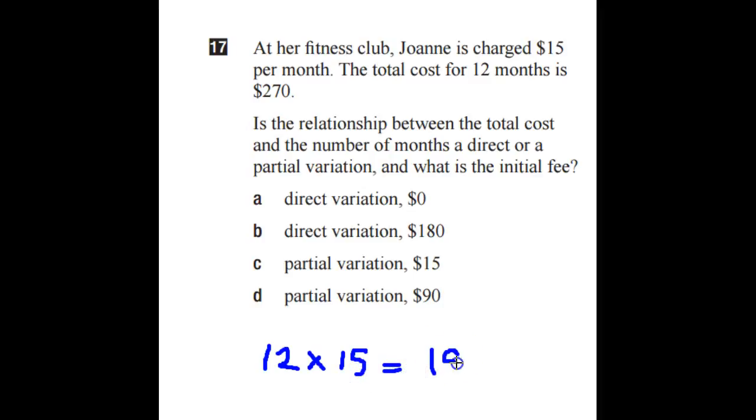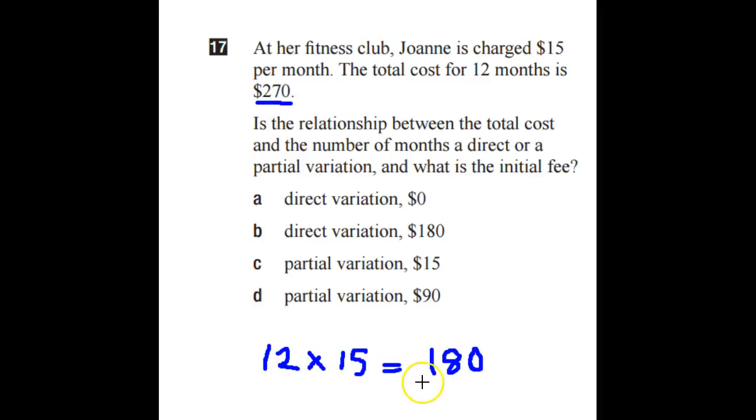So that tells me something about the situation. If she's actually paid $270, then there must have been an initial fee, right? And the initial fee would be the difference between $270 and $180, because that $180 really only represents the amount that she paid for her monthly fee.